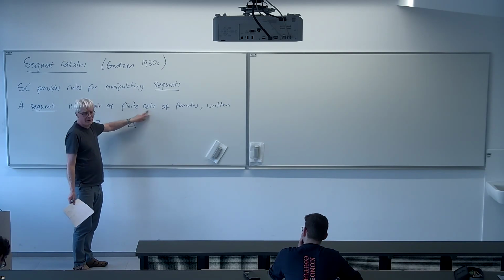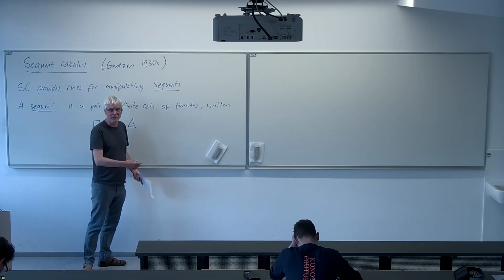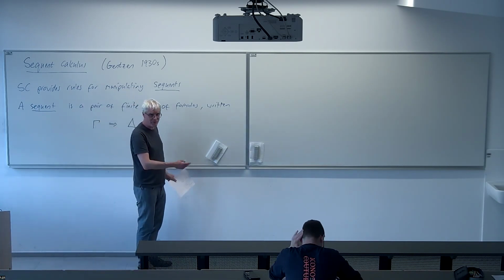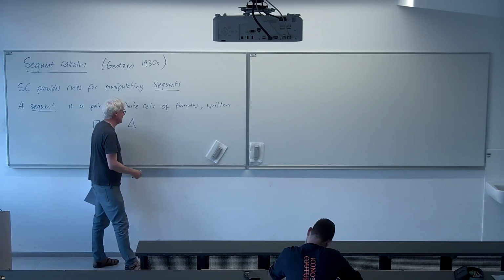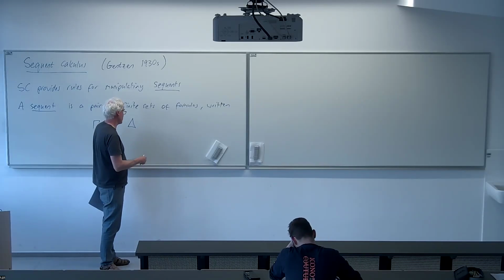You can perfectly well do that, but if you have finite sequences, you need additional rules that manipulate sequences so that you can identify two different sequence representations of the same set and manipulate them in the same way. So you need additional rules for that, rather than sets of formulas.